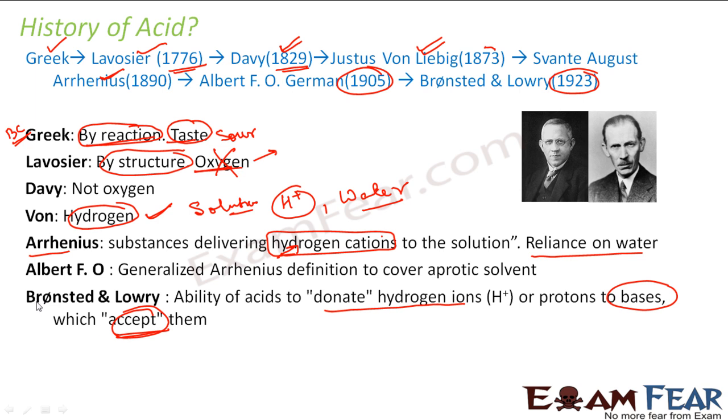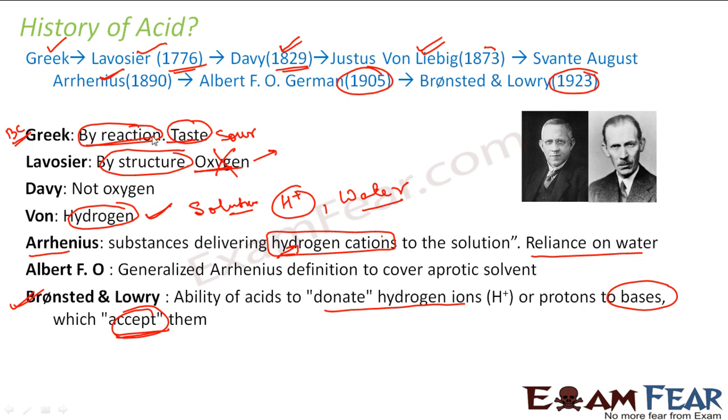So Bronsted and Lowry, they're two people actually, in 1923, came up with the best definition of acid and base, and it is not very old, almost 90 years old from here, right? Anything that can donate hydrogen plus ions is called an acid, and anything that accepts hydrogen plus ions is a base.